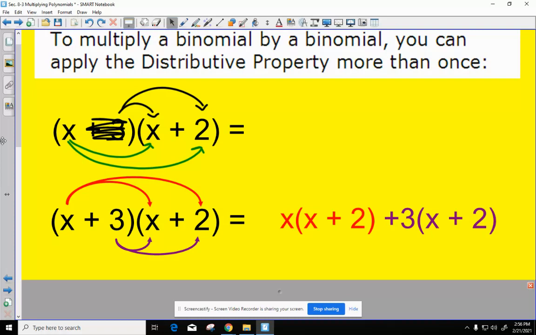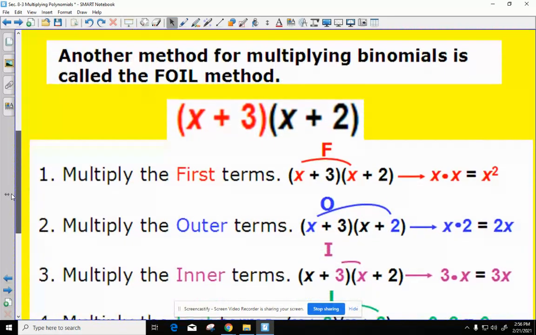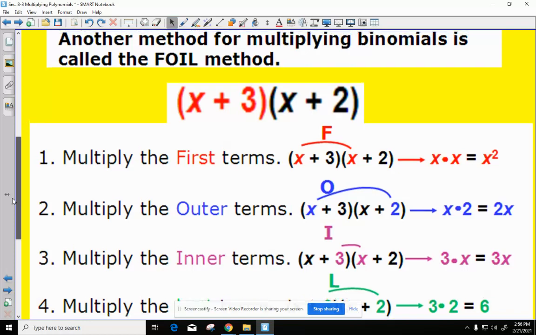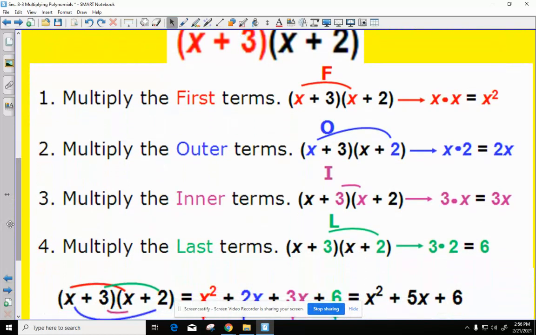Now, the FOIL method is just a way for us to remember that we've got all the pieces taken care of. So if you take a look at this down here, and we'll practice this idea a couple times, I think you'll get the hang of it, okay? FOIL stands for these things. The F stands for first, simply meaning, did you put your first terms together?